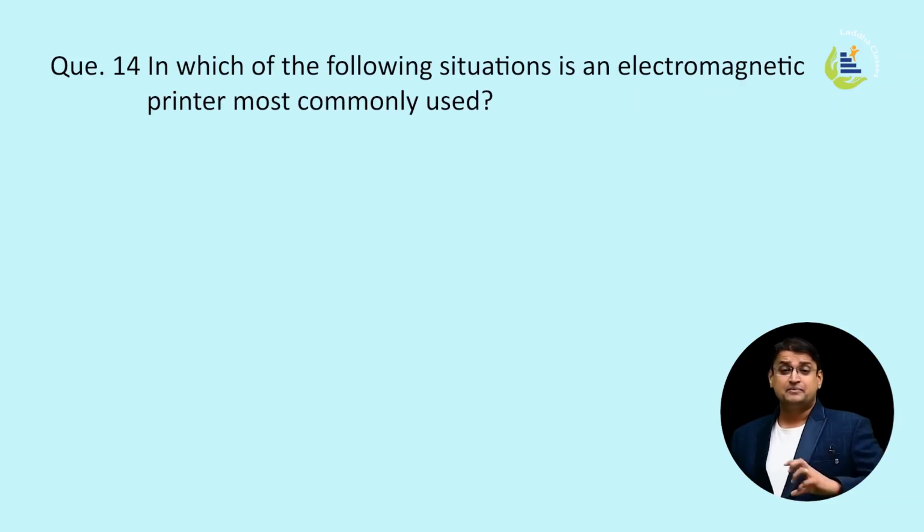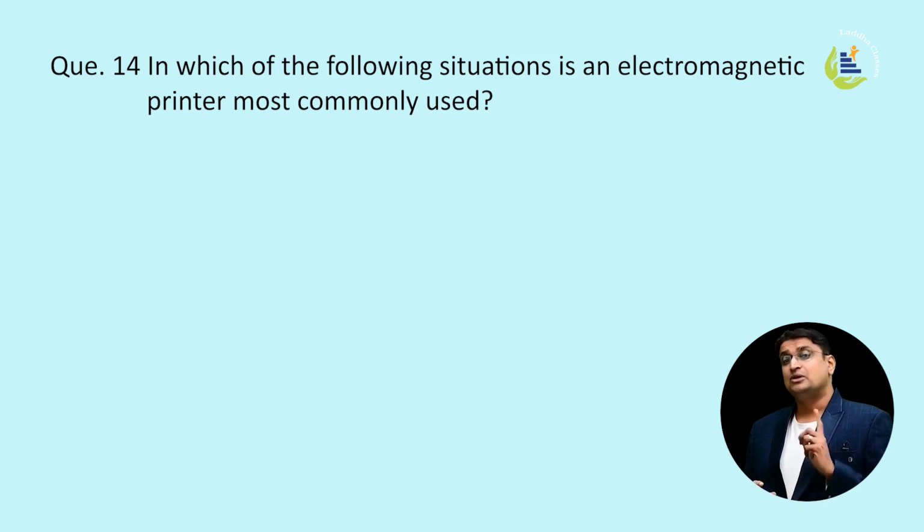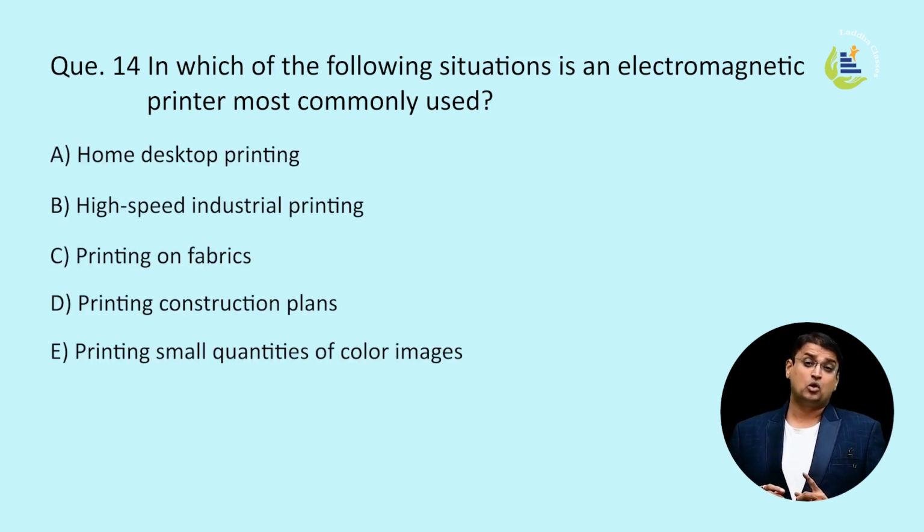Question 14. In which of the following situations is an electromagnetic printer most commonly used? Options are home desktop printing, high-speed industrial printing, printing on fabrics, printing construction plans, printing small quantities of color images.